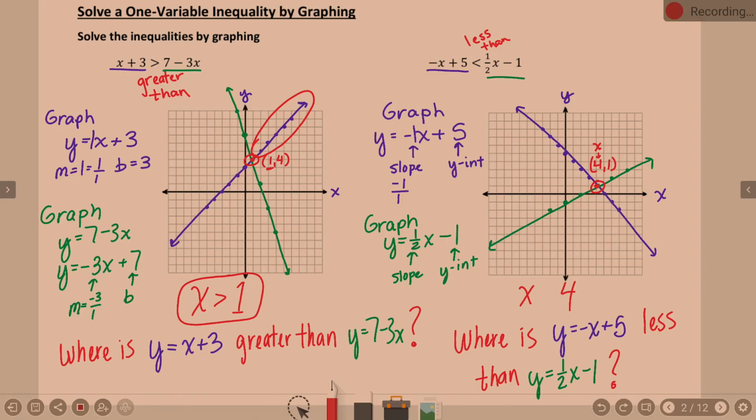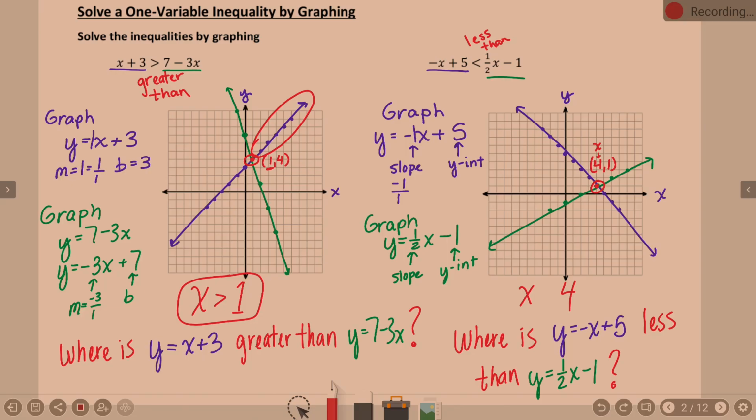And it's all going to be in relation to 4. Is my purple line less than my green line over here? Or is my purple line less than my green line over here? What are we thinking? Do I want to say x less than 4 or greater than 4? You have an answer in your head at least?